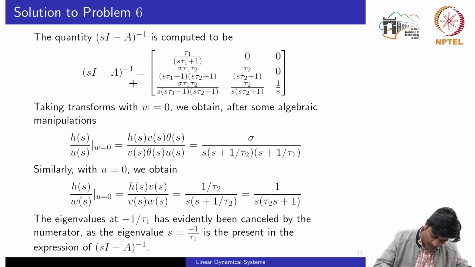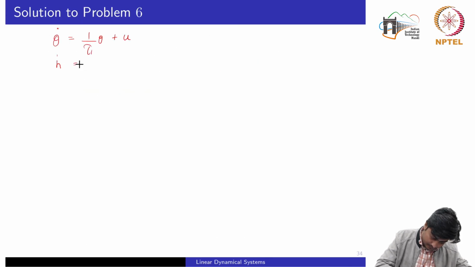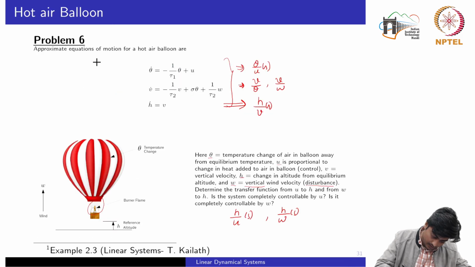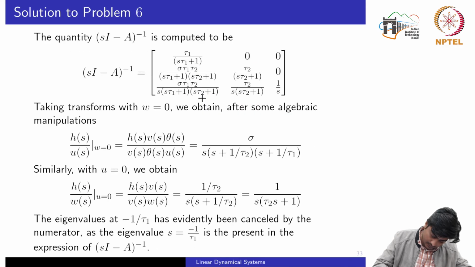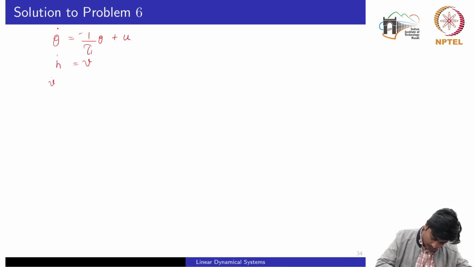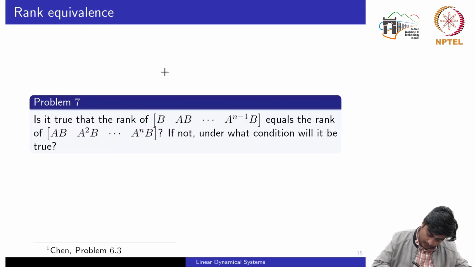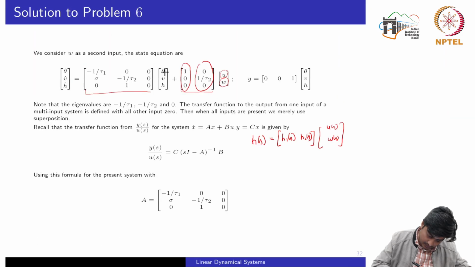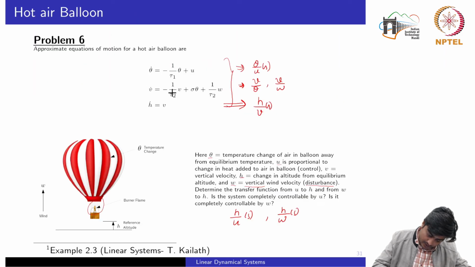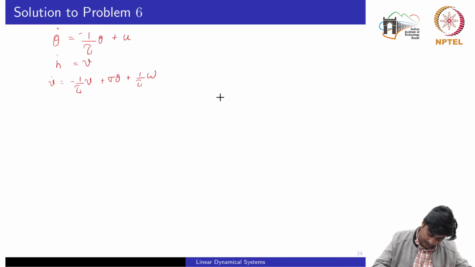Another one we have is h dot is equal to v, and the third one with w. I think we have written it correctly. So 1 by minus 1 by tau 2 v plus sigma theta plus 1 by tau 2 w. So this should be 1 plus tau 2.